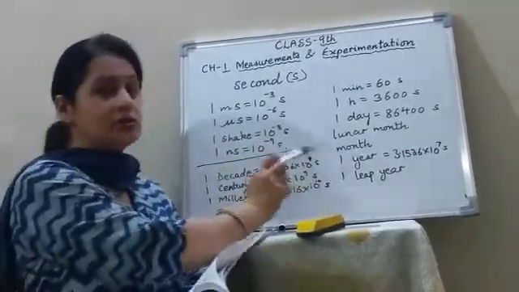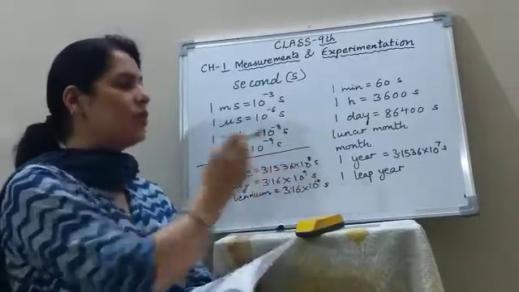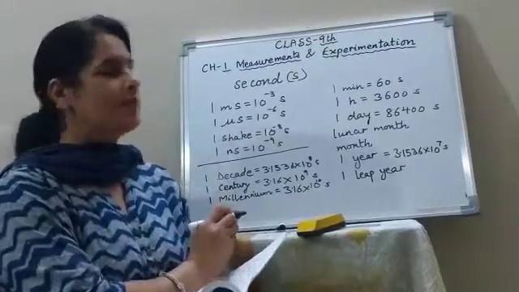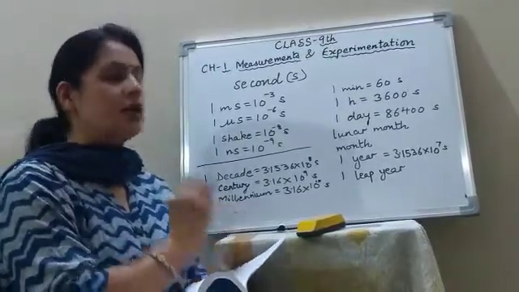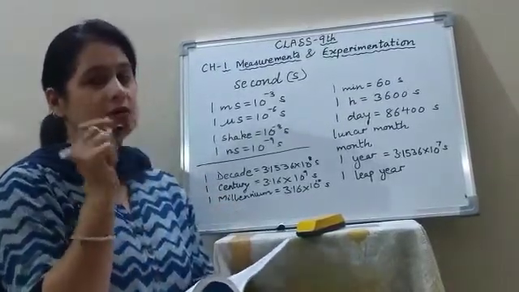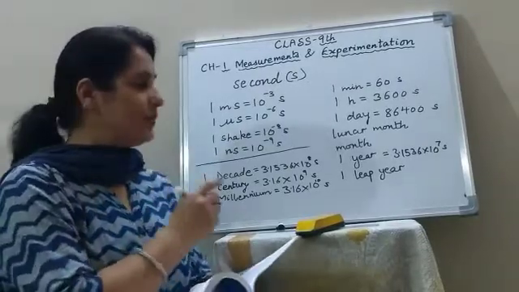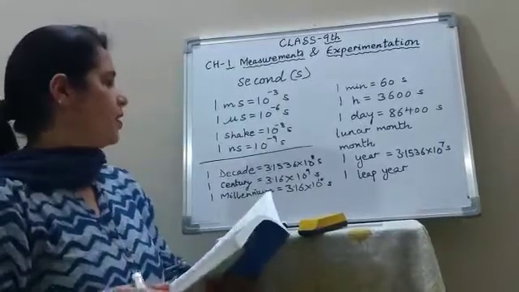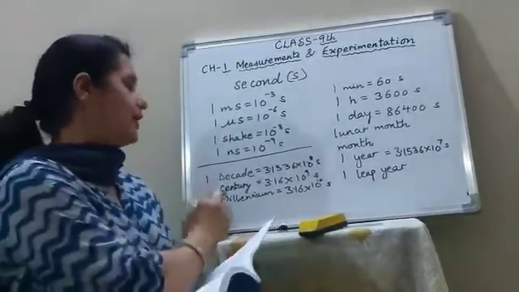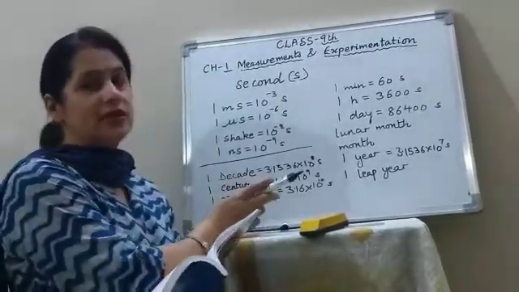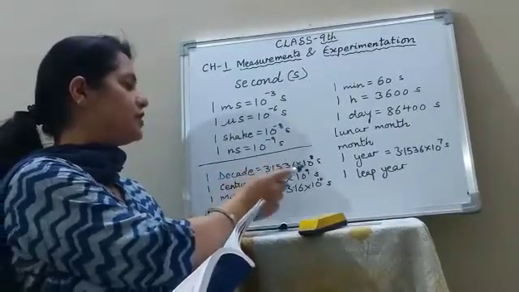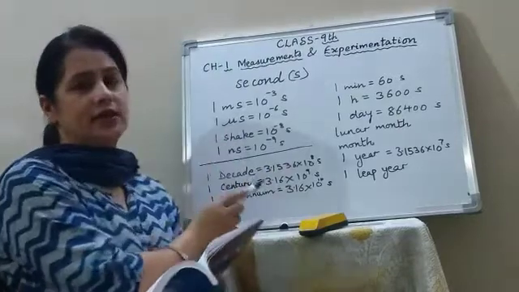Now leap year. This is also a unit of time. What is leap year? Leap year is the year in which the month of February has 29 days. That means how many days total in one leap year? 366 days. Now one decade. Decade means 10 years, and how many seconds are there? 3.1536 into 10 to the power 8 seconds.